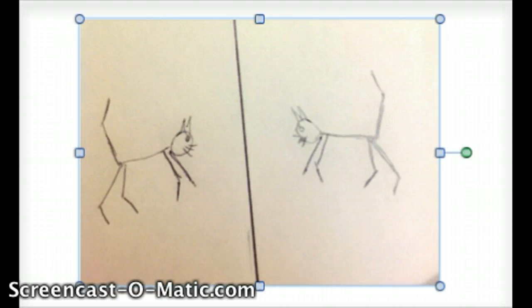I now would like you to take your ruler and a colored pencil or your regular pencil, select at least 4 corresponding points and draw a line segment connecting those points. So for instance, in my case, I will take the tips of the tails.